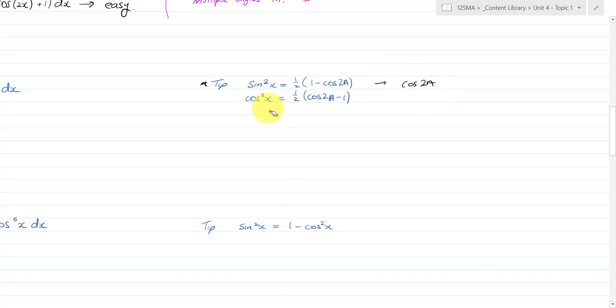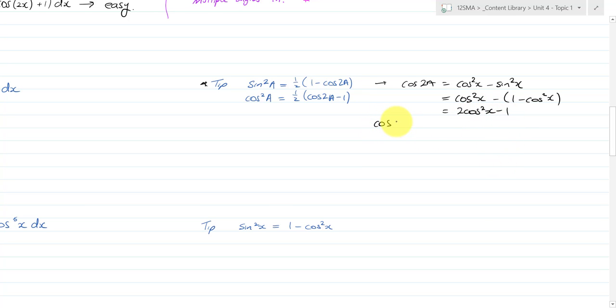So cos 2A is equal to cos squared x minus sine squared x, which you remember from Unit 2. We were able to rearrange this to be cos squared x minus (1 minus cos squared x) using the Pythagorean identity, and that's 2 cos squared x minus 1.